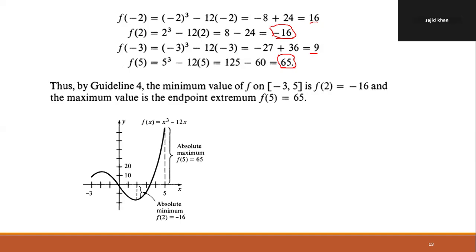You can easily see these on the graph. The absolute minimum value is minus 16 at x equal to 2, and the second one is at x equal to 5, where the function value is 65.